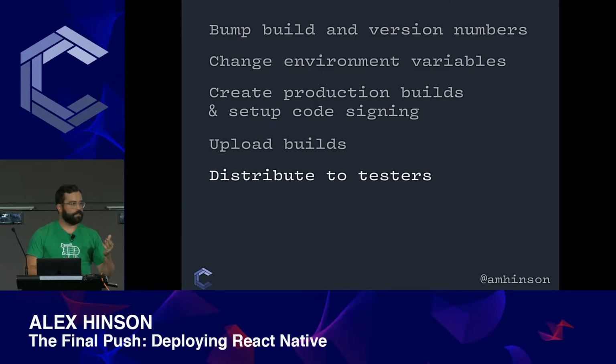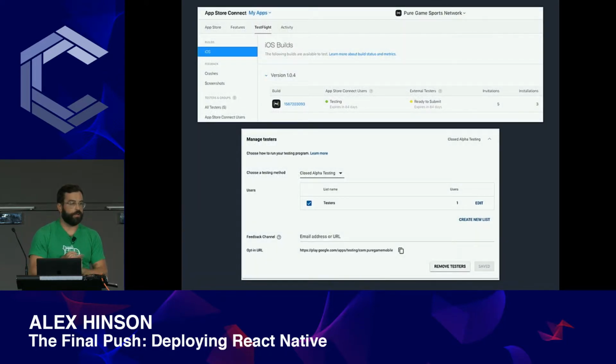Next step, we're going to distribute the build out to any testers and users so they can test the app before it actually goes into production. Again, it's different per platform. For iOS, we're going to use something called TestFlight. And for Android, we're going to use either an alpha or beta track, depending on how you want that to be handled.